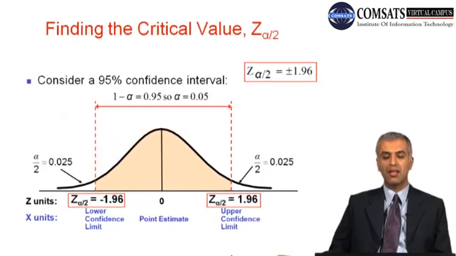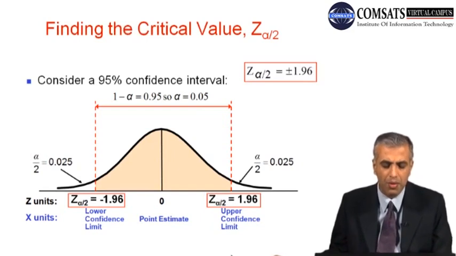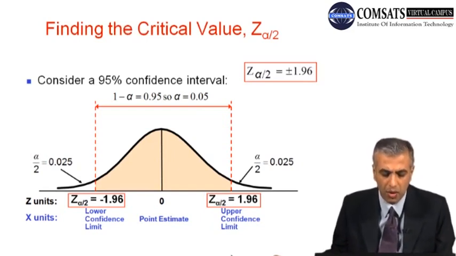Then we discussed the concept behind that. We had already discussed the z-value, how to find the critical values, and we have already gone through that exercise. Then how to find the lower limit and upper limit, and what the implications of that are.